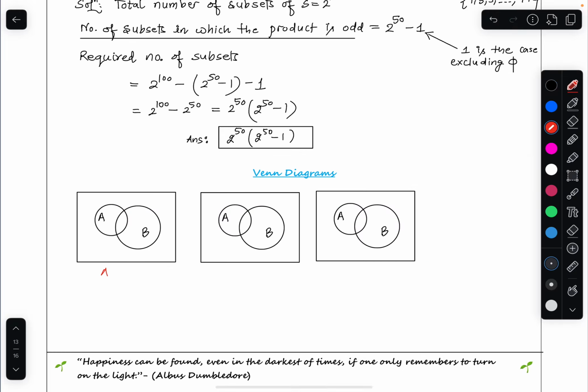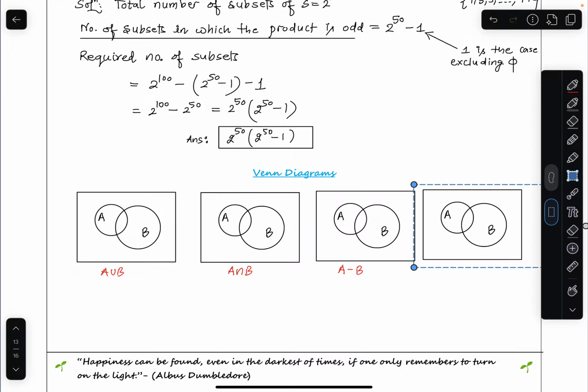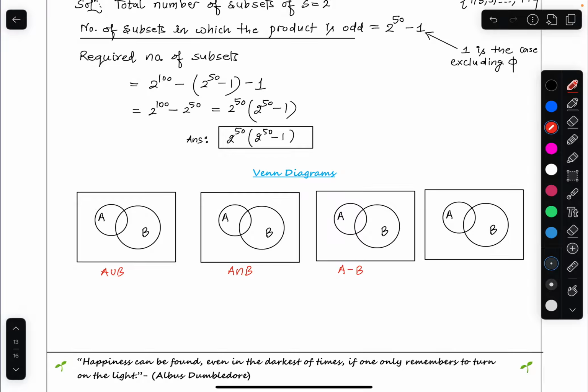So in the first one, I'll talk about the union operation. In the second one, I'll talk about the intersection. In the third one, the difference. In the fourth one, another difference. That would be B minus A here.